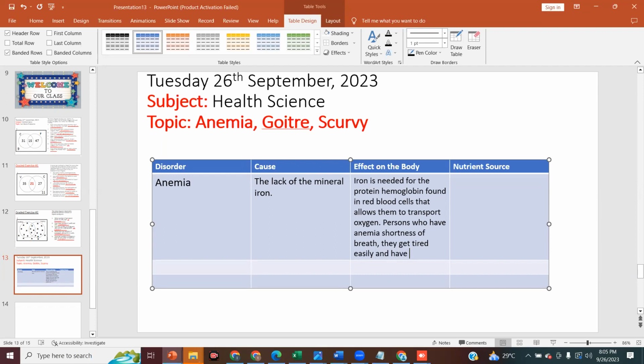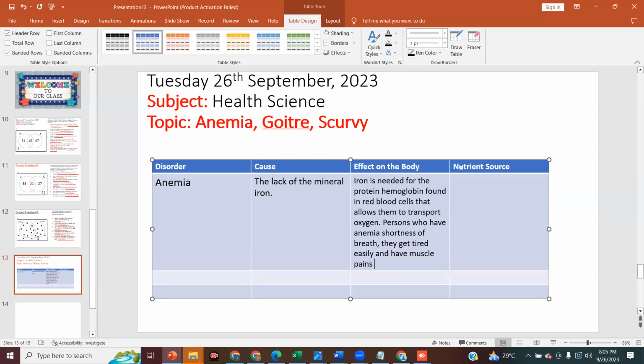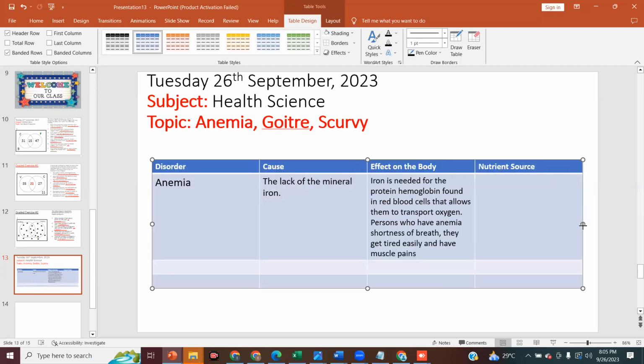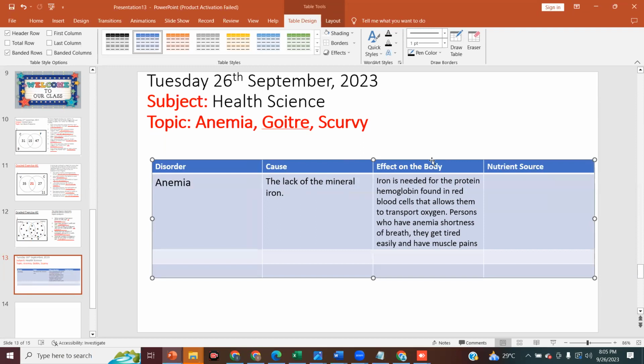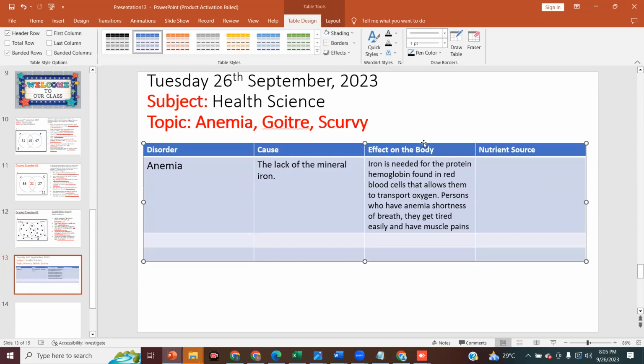And have muscle pains. When you say muscle pains, we mean extreme muscle pains, like their muscles really be hurting. Because if you don't have oxygen inside your blood, you ever run, and then your muscles start to hurt because you run so much. It's just like that. Anyone ever try to do a lot of push-ups, and then you realize that your hands start to hurt and you can't do no more push-ups?